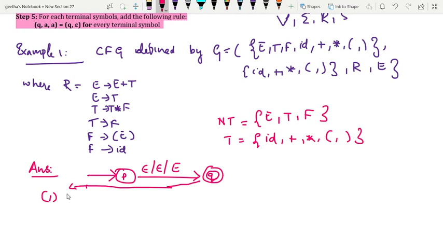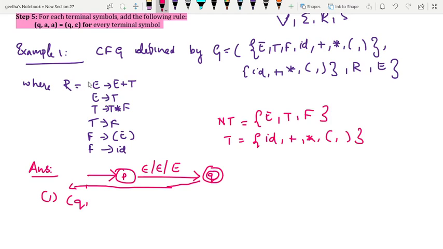Now for each rule I will write a PDA transition. For the first rule, what's the format? I've already told you.